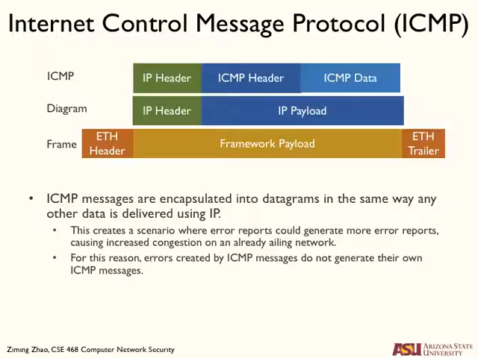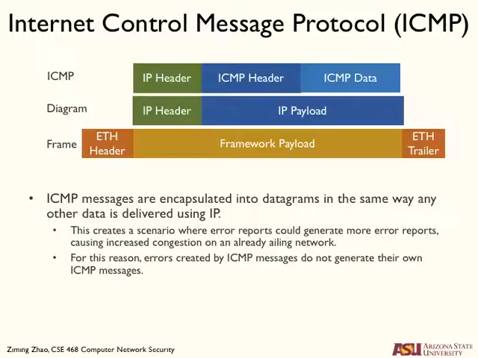This causes a very interesting thing, because ICMP is here to help IP report problems, but it is using IP itself. Then it's possible that an ICMP message will cause another problem, which triggers another ICMP message.